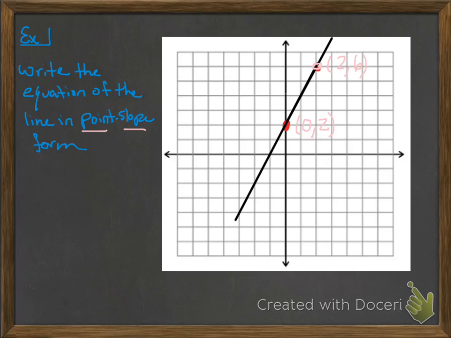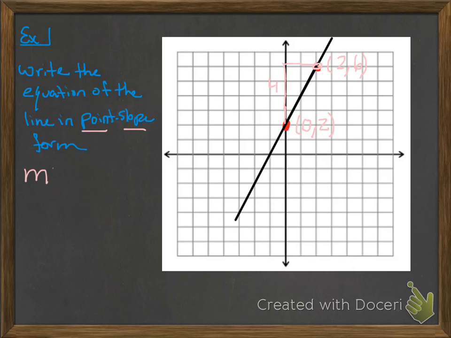So I could find my slope by using the points, or I could just find my slope by seeing that I've gone my rise over run, remember that's slope. So I go up 1, 2, 3, 4 high, over 1, 2.